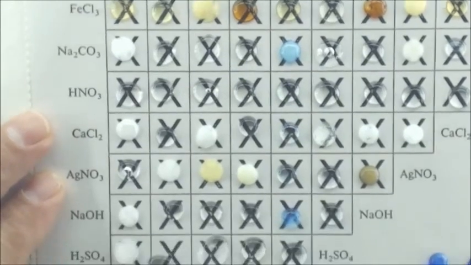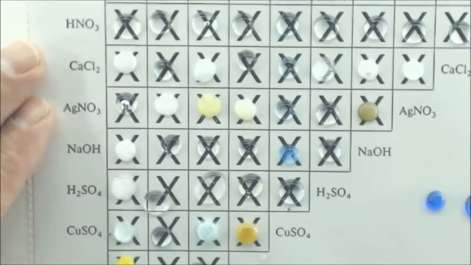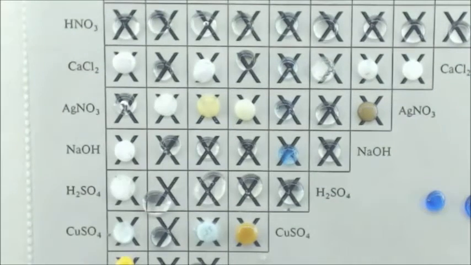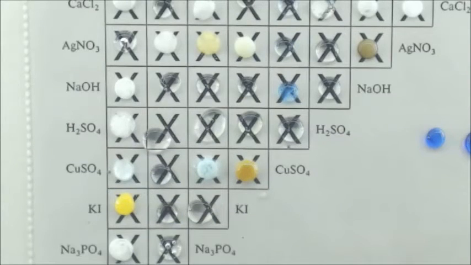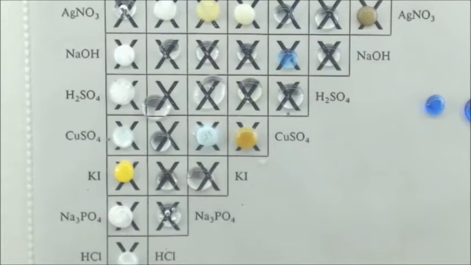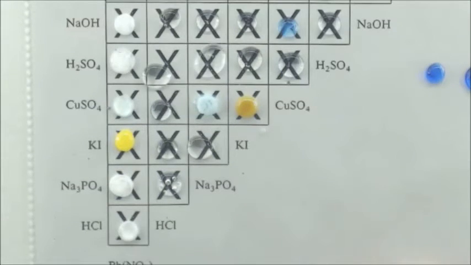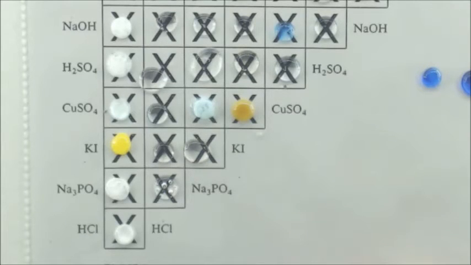Now let me shift this up, and I'm going to have to go to AgNO3. I'm going to have to shift the camera here. All right, there's NaOH down to the last row with the HCl. One more notch. There we go. There's the bottom little section of the table.